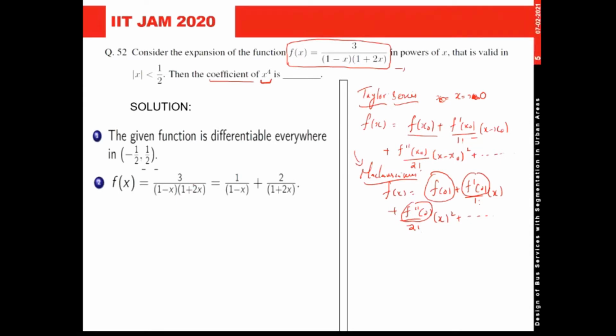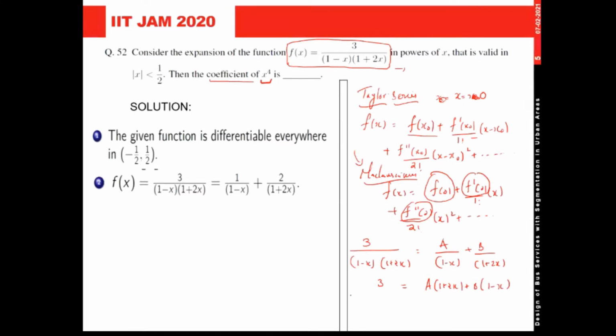You know how to do the method of partial fractions, right? You can write 3 by (1 minus x)(1 plus 2x) as a by 1 minus x plus b by 1 plus 2x. If you solve this, the numerator is a into (1 plus 2x) plus b into (1 minus x), which equals 3.